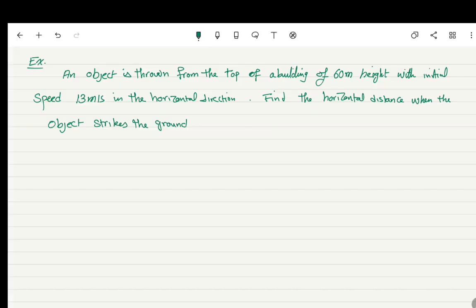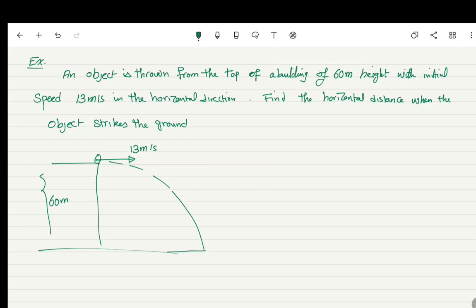So the situation is like this. This is the building with height 60 meters, and this is the ground here, and the ball is fired, or this object is fired horizontally like this, with initial velocity 13 meters per second. The ball will strike the ground here, and what we look for, we need to calculate the horizontal distance.